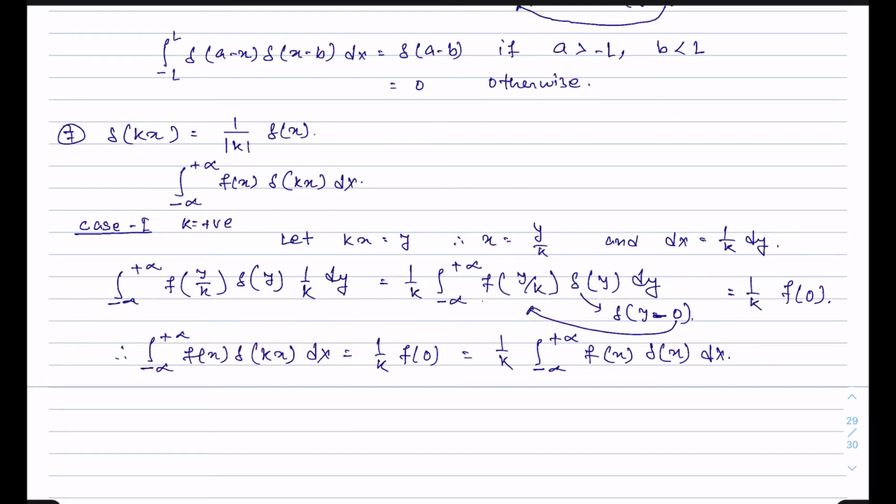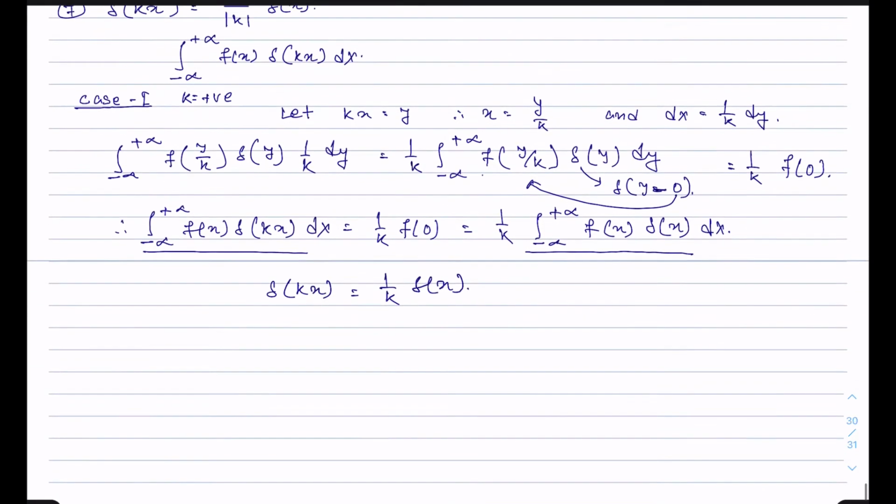So by equating this one and this one, you can say that delta kx is equal to 1 over k delta x. So we proved this by considering k as a positive quantity.